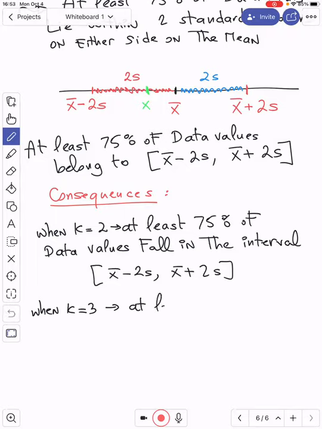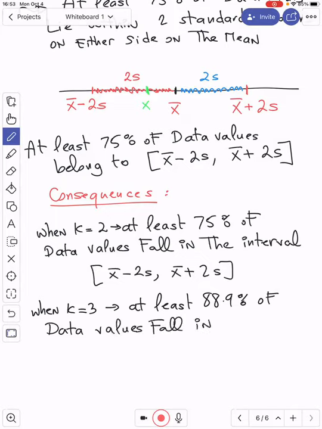So then at least 88.9% of data values fall in the interval. Since k is 3, there'll be 3 standard deviations on either side of the mean. So that will be X bar minus 3s, X bar plus 3 times s.